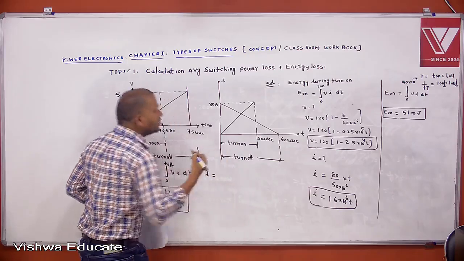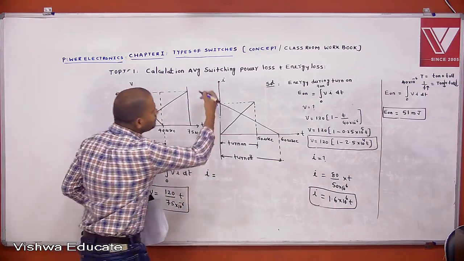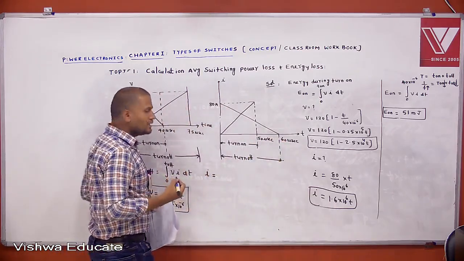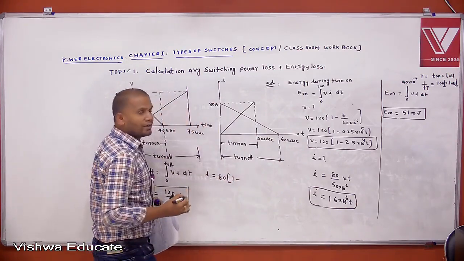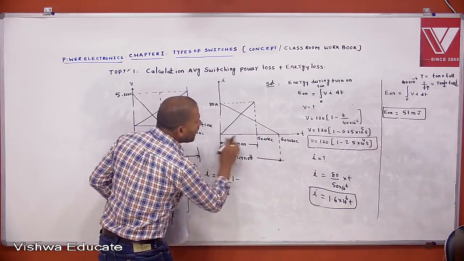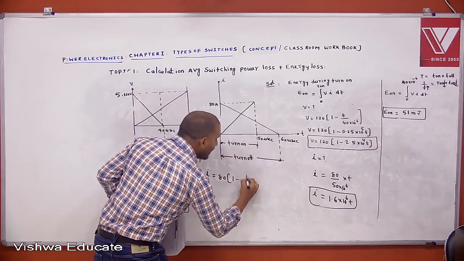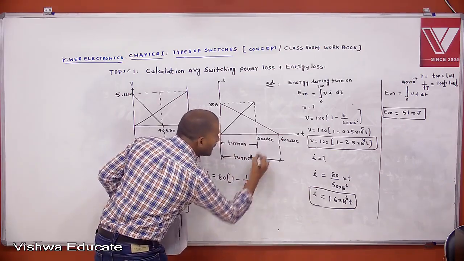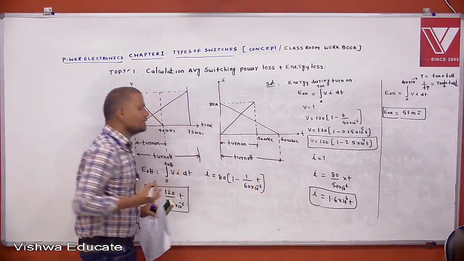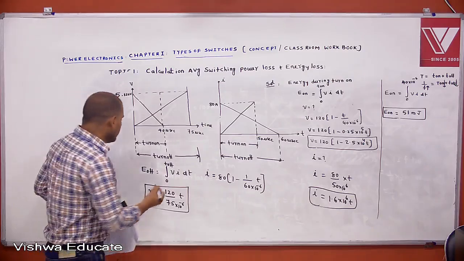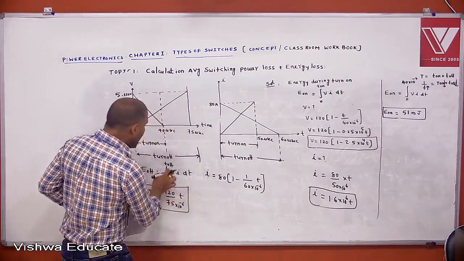I is equal to, current is falling, 80 into 1 minus T by T off. T off is how much? 1 by 60 into 10 to the power of minus 6 into T. This is I. Then you substitute V and I here.